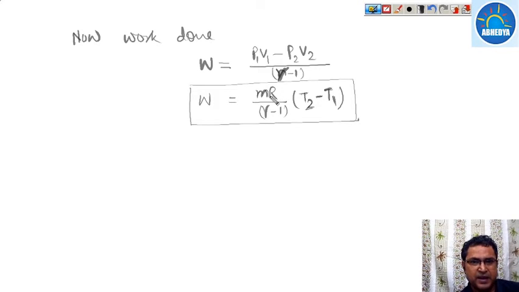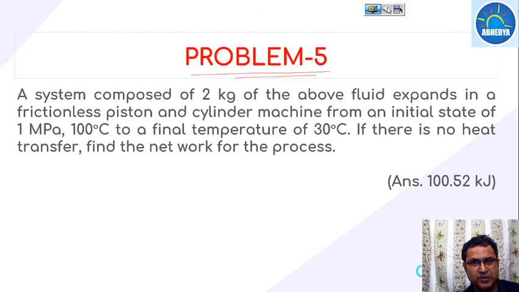Okay, and we take the above fluid, just to forget what actually the fluid is, so we take it as air, and for air take R is equal to 29.